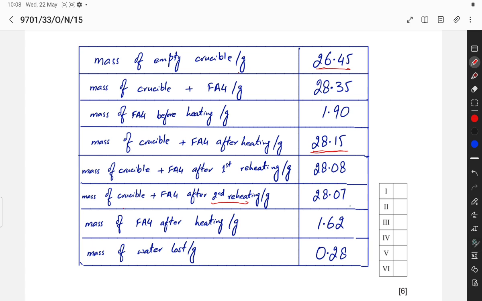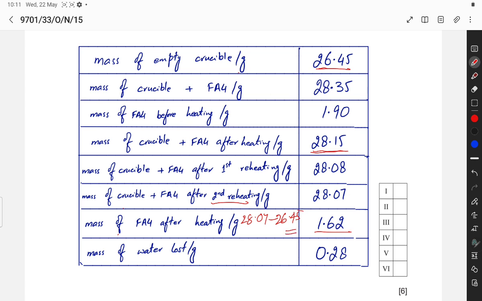Mass of FA4 after heating, that is 1.62, and mass of water lost, that is 0.28. So this mass, 1.62, we get by subtracting the mass of the empty crucible, 26.45, from 28.07. It is equal to 1.62.